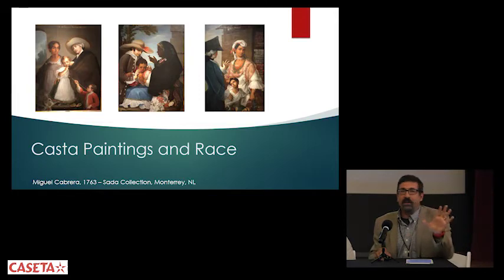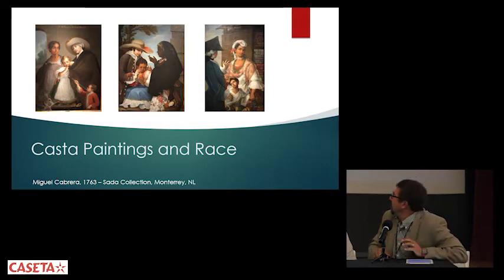There's a great, by the way, if any of you get to Monterrey anytime soon, the Sada collection is up now at the Museum of Mexican History down in the Macro Plaza. They have, I'm not exaggerating, at least 6 or 7 complete sets of these Casta paintings. Originals, they're gorgeous. You need to go and see these. They're a real jewel.